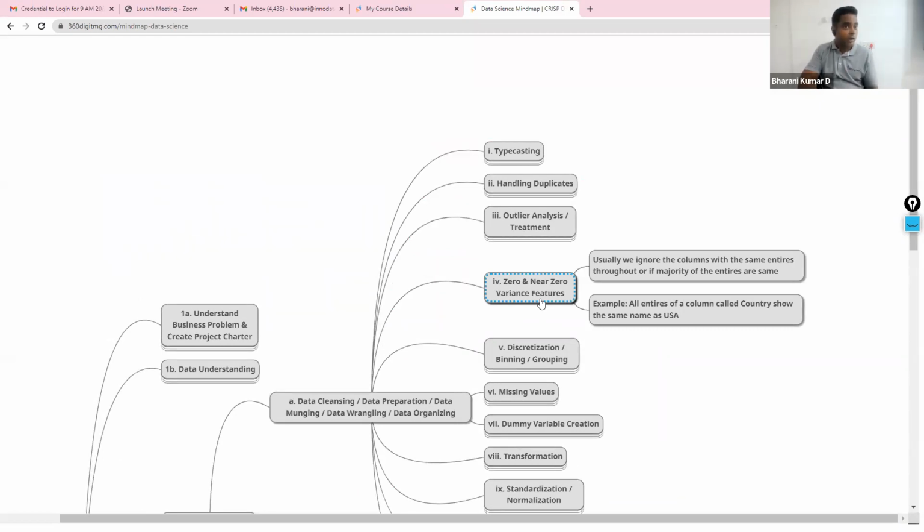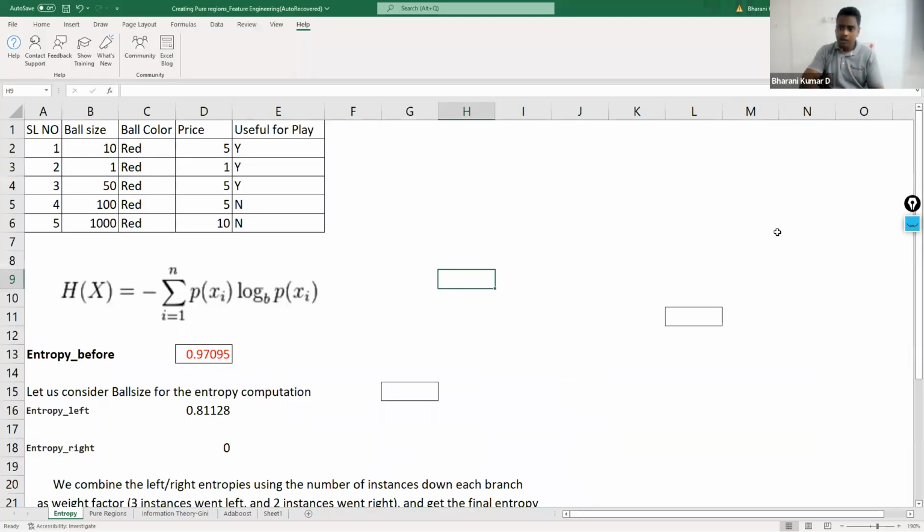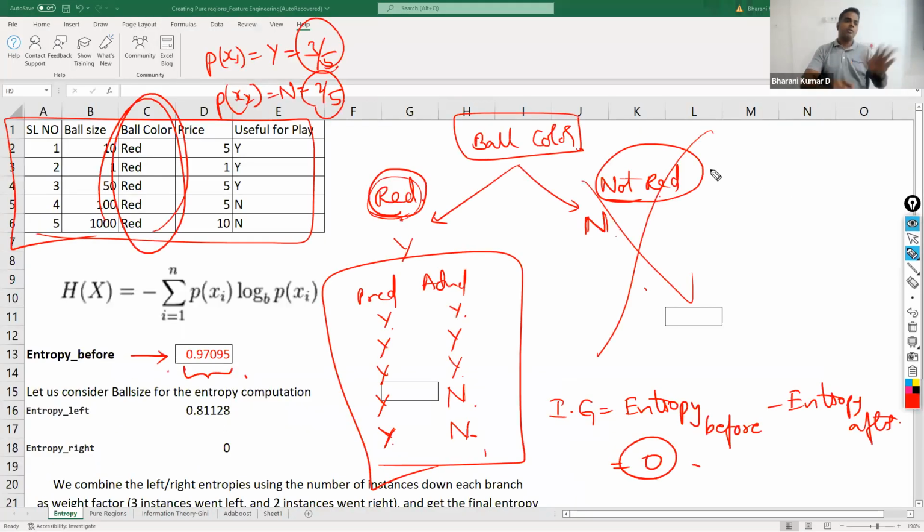What did I say at that point of time? If you have a variable wherein every value is the same, you just remove it. You need not have it in your training. You need not even do all these things. I have a variable, every ball color is the same, just delete it.